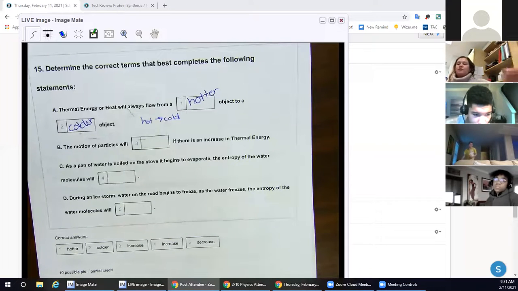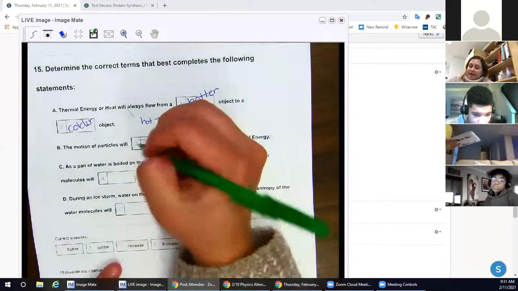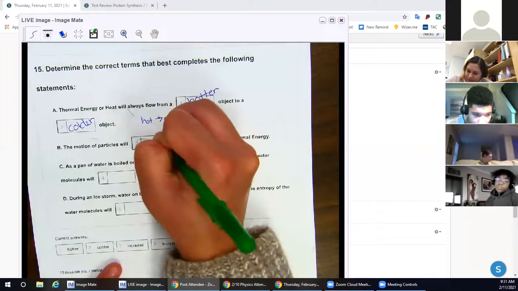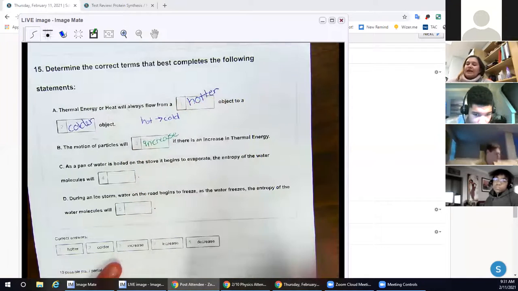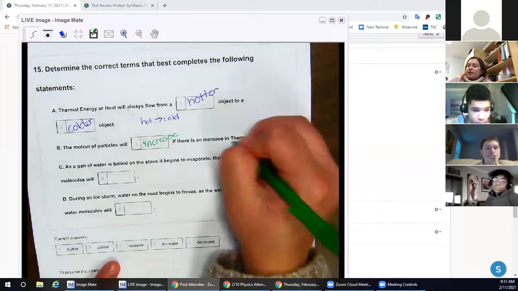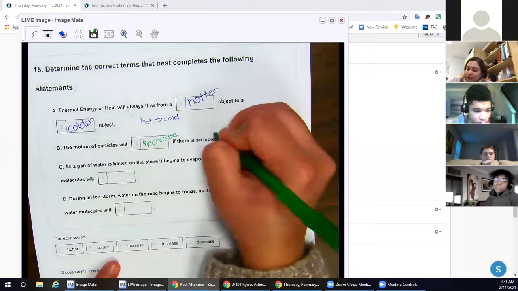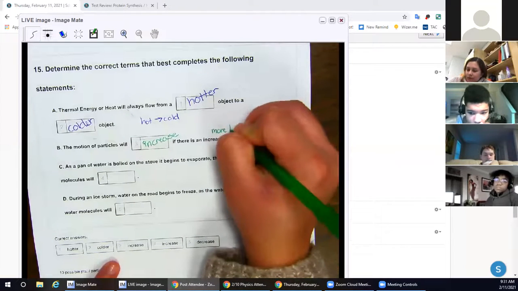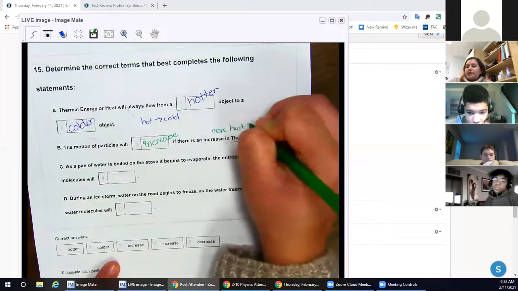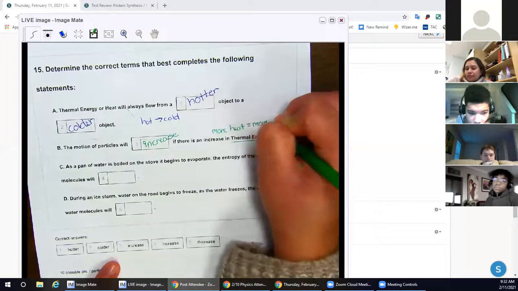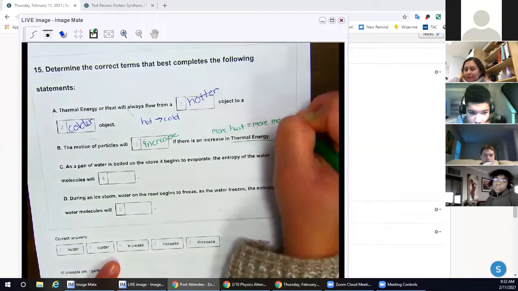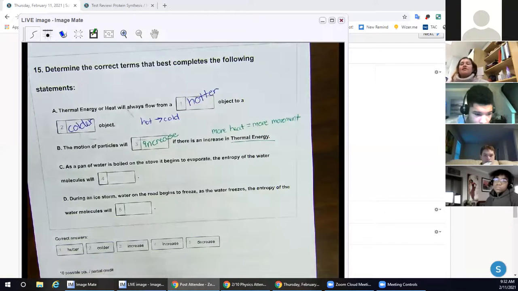The motion of the particles will increase if there's an increase in thermal energy. So if there's more heat, there's more movement. Meaning the hotter something is, the more those particles are going to move back and forth. They're going to shake more because it's hot.